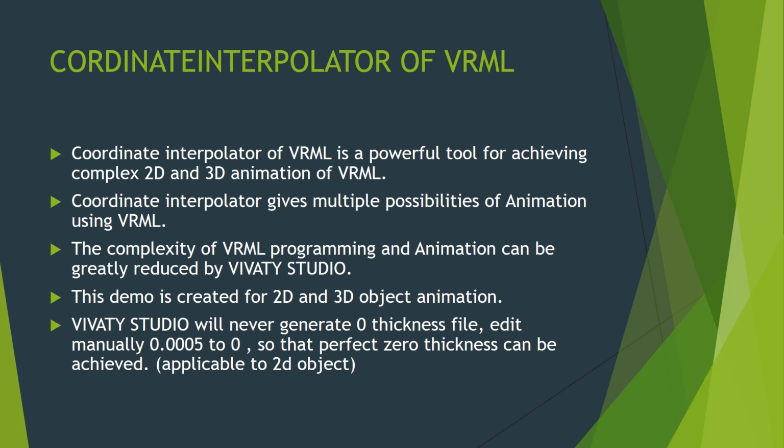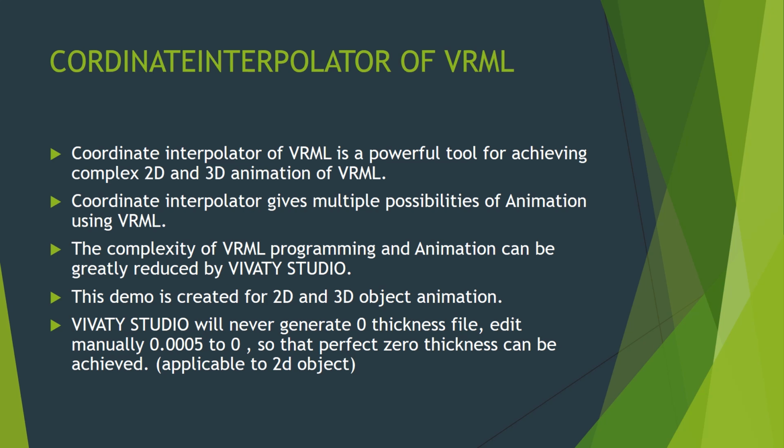This demo is created for 2D and 3D object animation. So we can animate 2D as well as 3D objects with coordinate interpolator. Vivaty Studio will never generate a zero thickness file, so we have to edit the thickness manually.